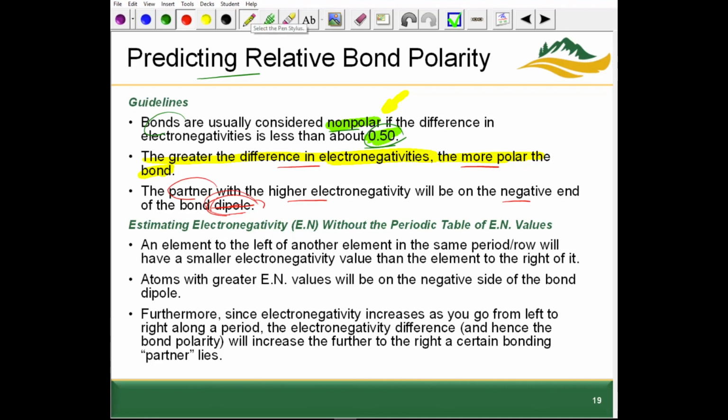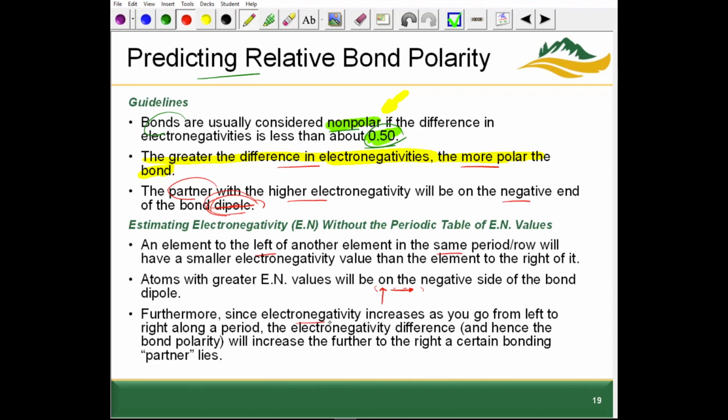And so as we saw those trends in electronegativity, where it increases going up a column and increases going left to right, an element to the left of another element in the same period or row would have a smaller electronegativity compared to an element that's to the right of it. Again, just looking within the same row or period.